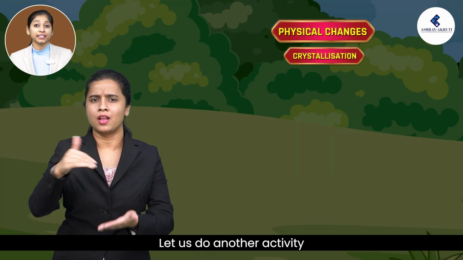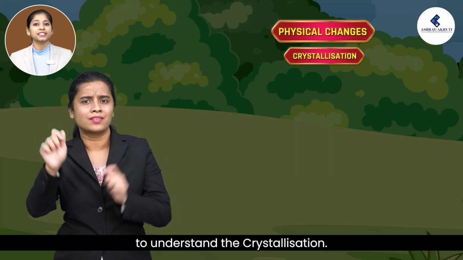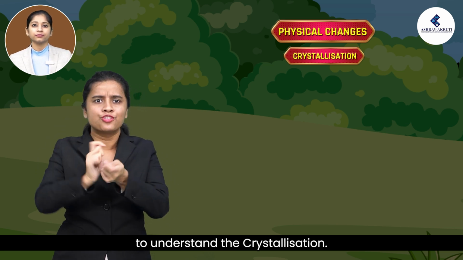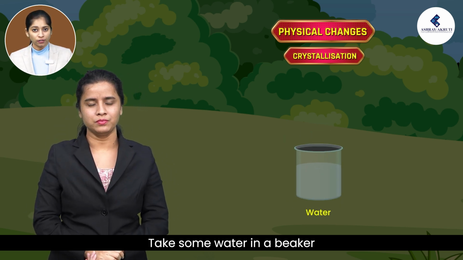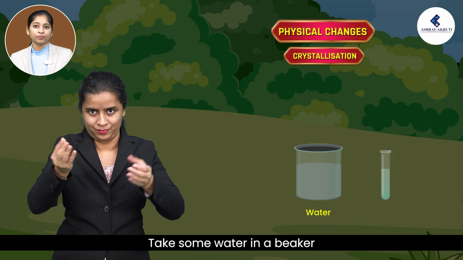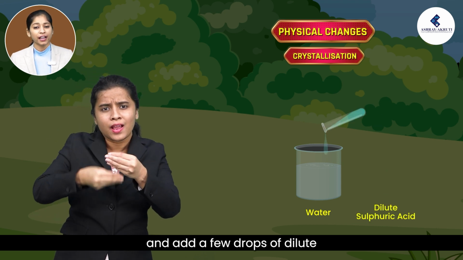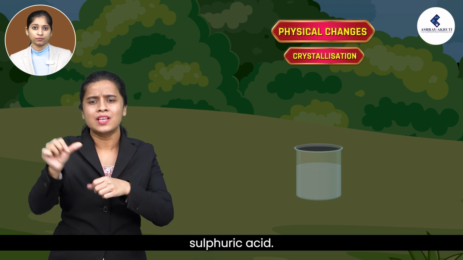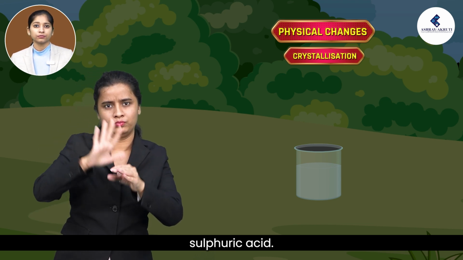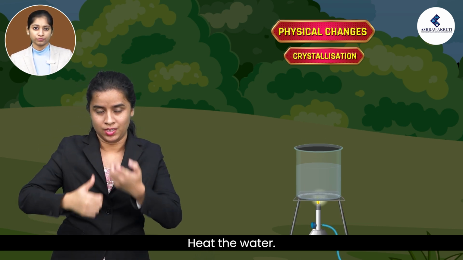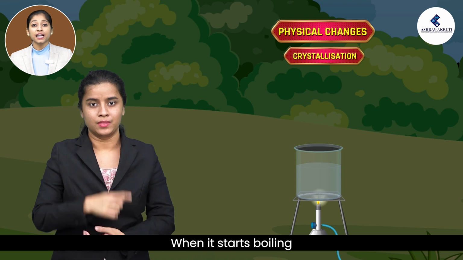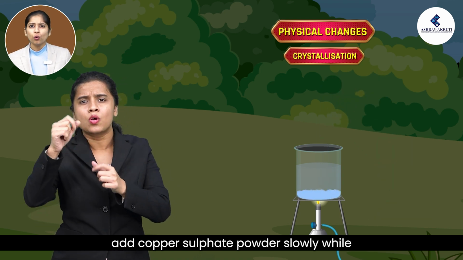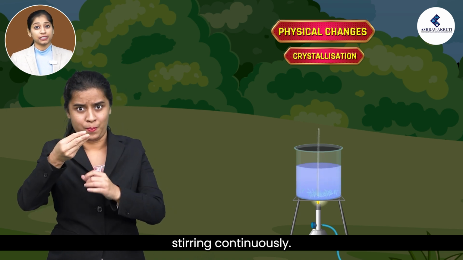Let us do another activity to understand crystallization. Take some water in a beaker and add a few drops of dilute sulfuric acid. Heat the water. When it starts boiling, add copper sulfate powder slowly while stirring continuously.